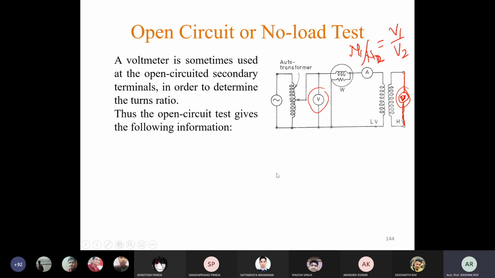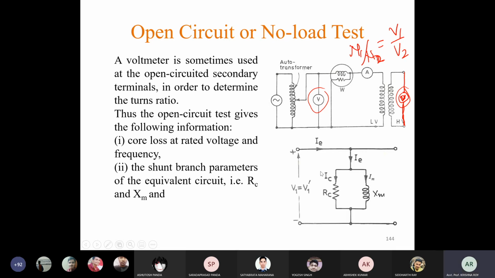So therefore we can conclude that the open circuit test gives us the following information. First of all, core loss at rated voltage and frequency, and the shunt branch parameters. See, this is the equivalent circuit which we have obtained from the open circuit test only. So V1 equals V1 dash, this voltage. IE is the exciting current, which is the primary current.